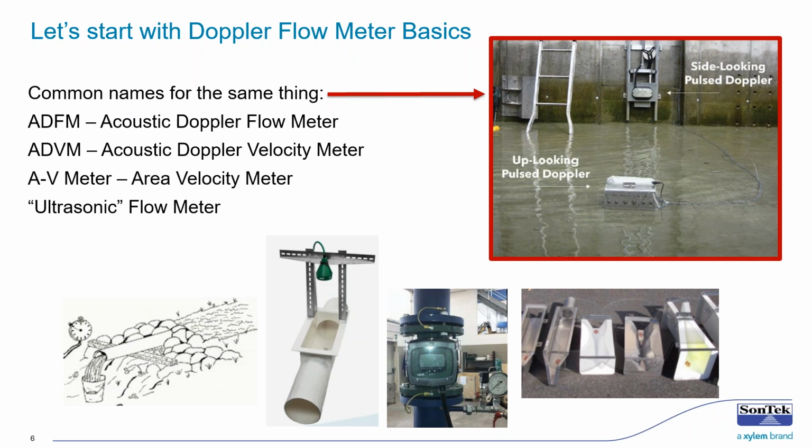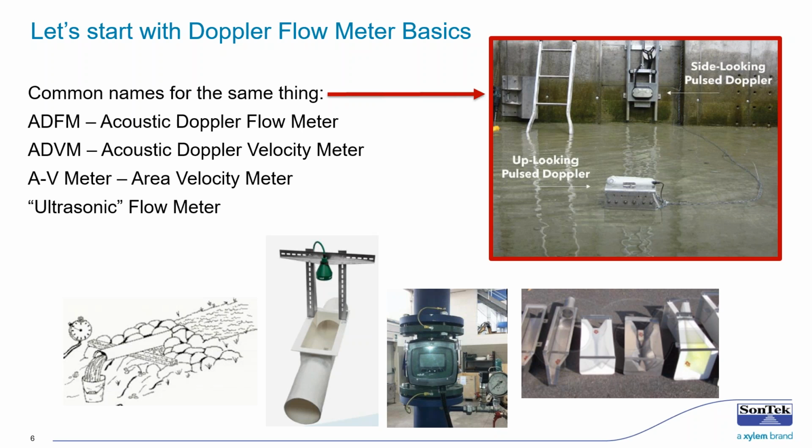All right, so before we get into the flow meter guts, I just wanted to get some terminology straight because there's a lot of different names that could be used when we talk about Dopplers. So you might hear the term ADFM, Acoustic Doppler Flow Meter, ADVM, Acoustic Doppler Velocity Meter, AV Meter, Area Velocity Meter, or Ultrasonic Flow Meter.